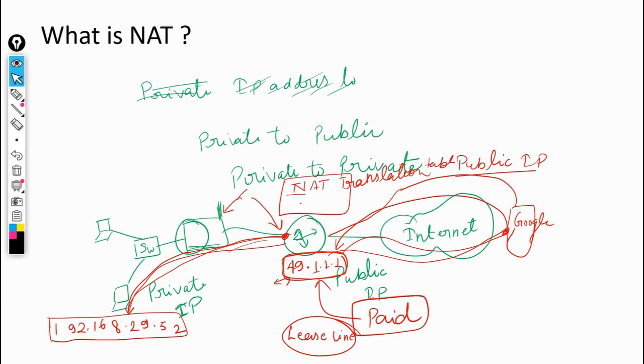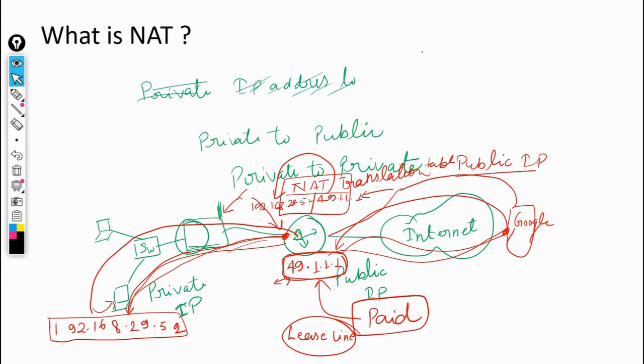They have a table saying that we have received a request from 192.168, whatever the IP address it is, 29.52, and I have mapped that IP address to 49.1.1.1. So whenever I get any reply to 49.1.1.1, I have to send this request to this IP address. So now this router sends that packet to this computer. That's how the communication is happening in NAT.